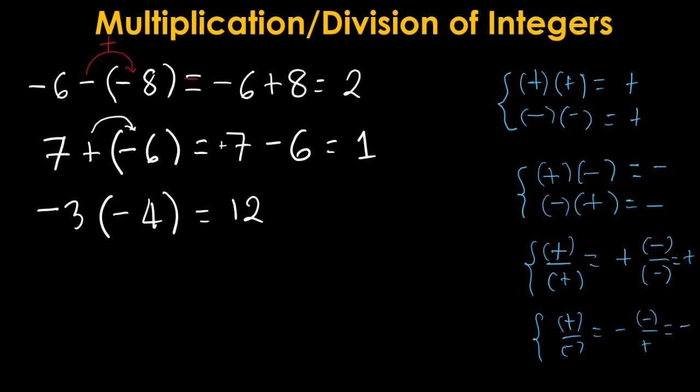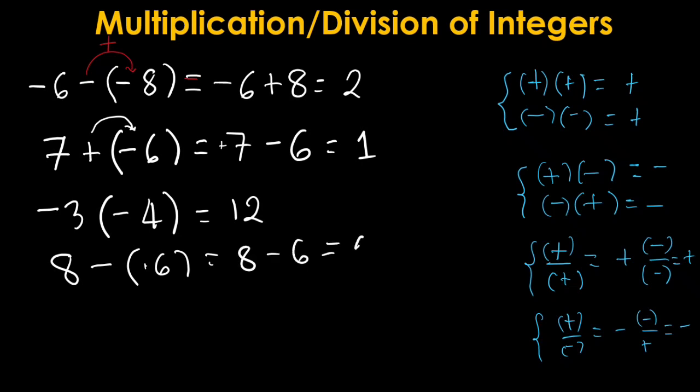What else? If we have 8 minus, like 6, like that. So it doesn't matter, that's the same. You don't see a sign here, so that's positive. Negative times positive is negative, so 8 is just 8 minus 6.